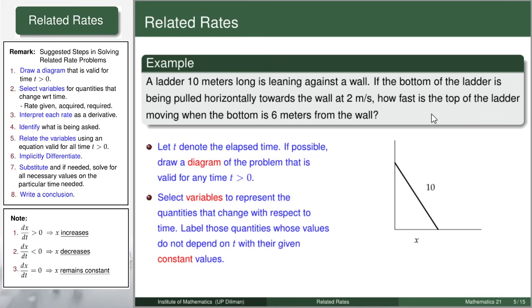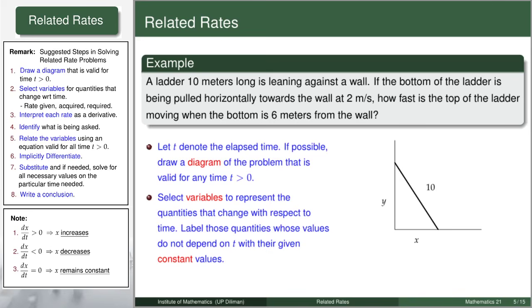It is wrong to say that because this is moving at a rate of 2 meters per second, this part here will also move at a rate of 2 meters per second. So, just like before, I need to know how fast this point is moving, but since I cannot use the point itself, I will be using another distance, in this case y, so that it will be much better to represent it.